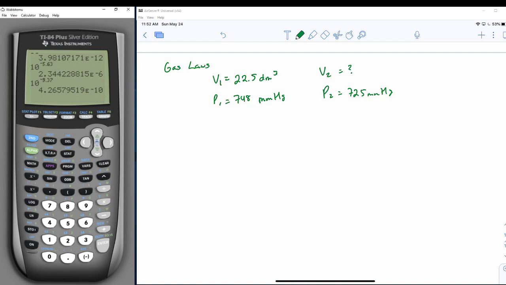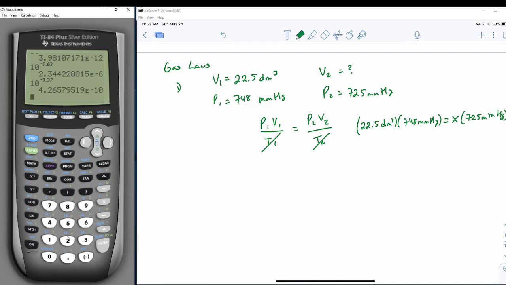What is the new volume? Well, here we can think of it as the combined gas law to save ourselves some time and just say, well, temperature's not present. So we just plug this in. 22.5 decimeters cubed times 748 millimeters of mercury is equal to X times 725 millimeters of mercury.